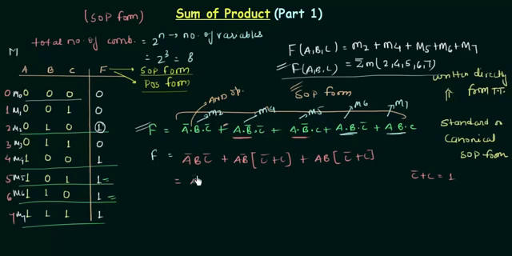So I have A complement B C complement or A B complement, and from here I will have AB, because this is 1.